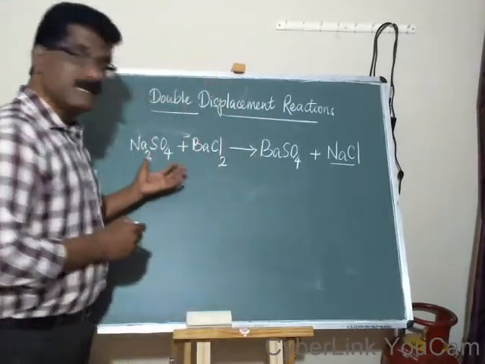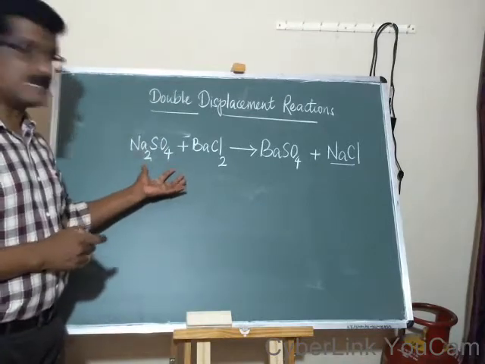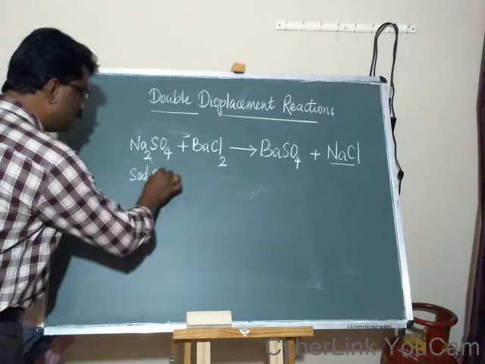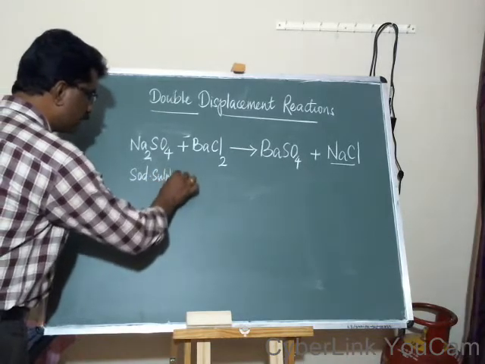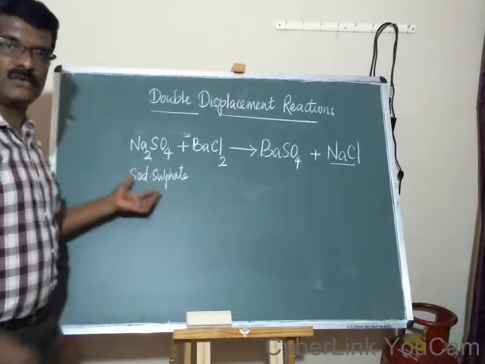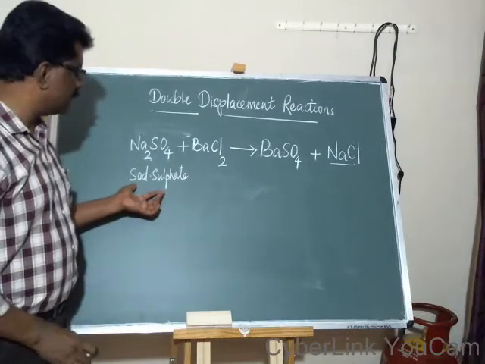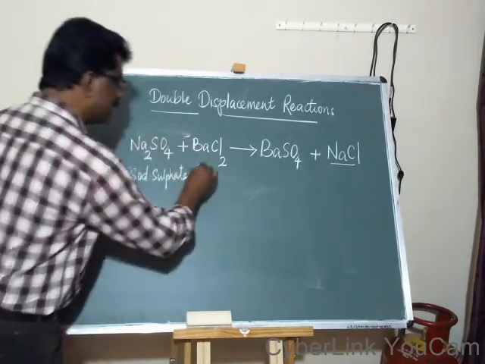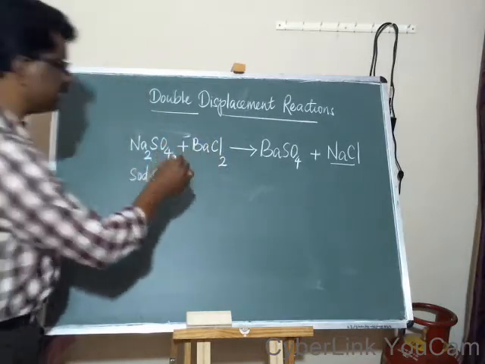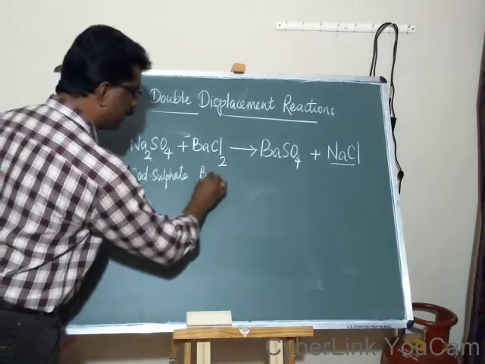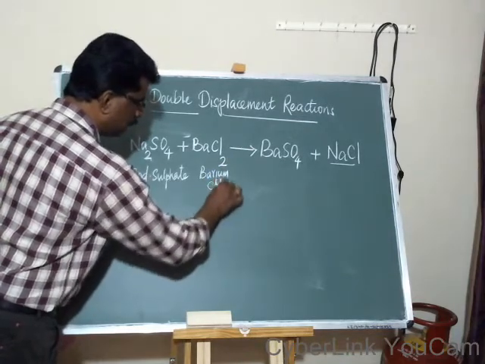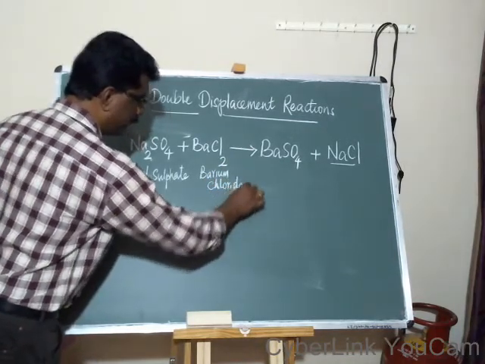You see, Na2SO4 is a salt, called sodium sulfate. It reacts with another salt, BaCl2, which is barium chloride.